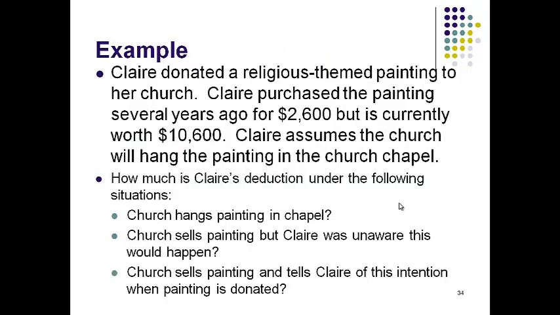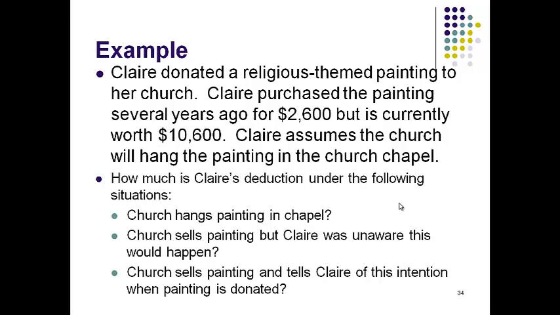So for an example of that, we have our taxpayer Claire. She donated a painting to her church. Her basis in this painting was $2,600, but it was actually worth $10,600 when she donated it to the church. So what the church then does with this painting determines how much Claire gets to take as a charitable contribution deduction.